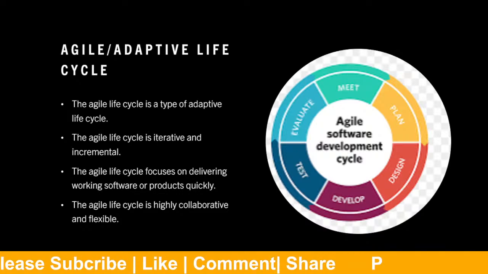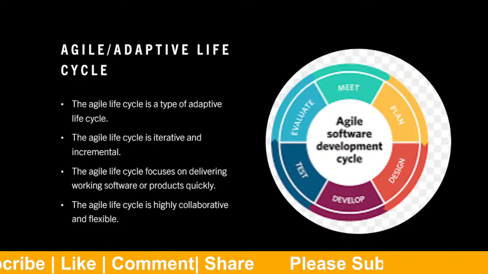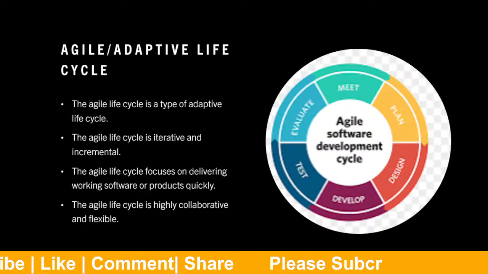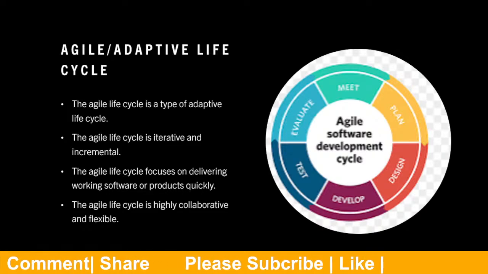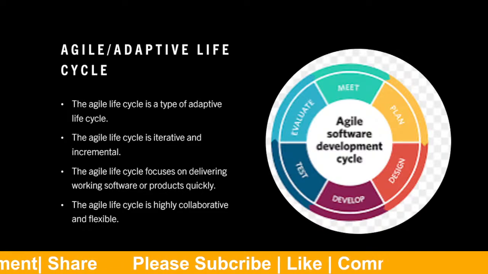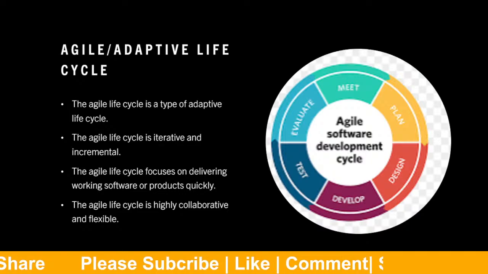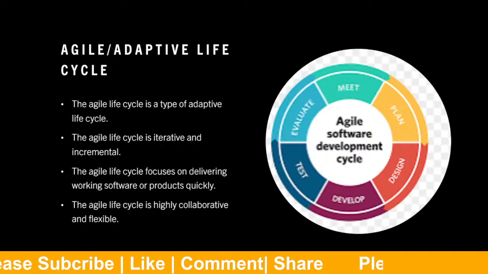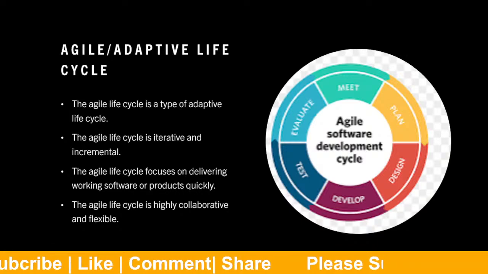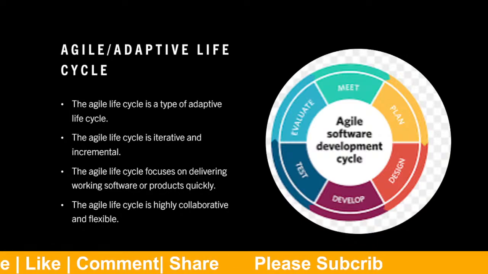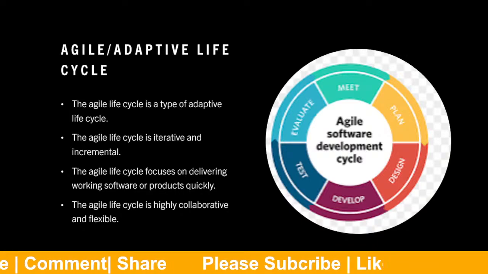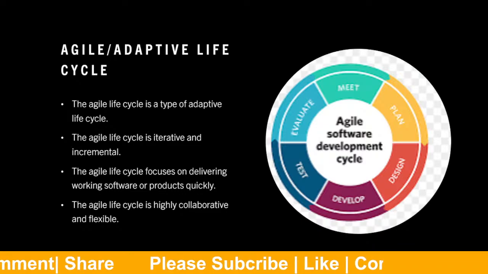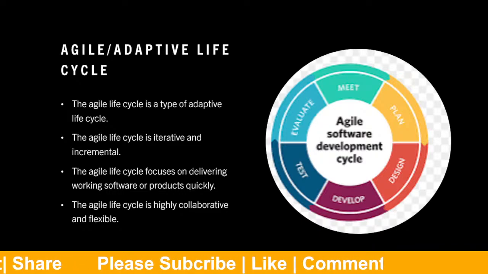You want to give the products you are building to your customer on time so that they will test, use, evaluate, and see whether it meets their requirement. If it doesn't meet it, you review it and you continue refining until it meets what the customer wants. Agile life cycle is highly collaborative and flexible.